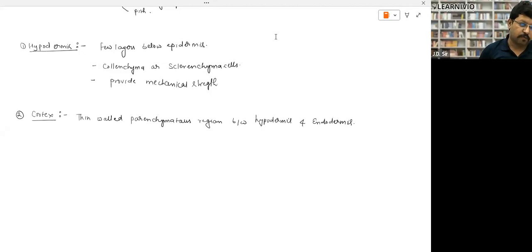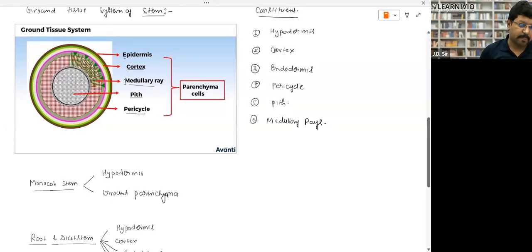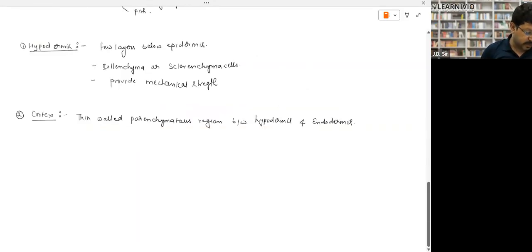Look, this region is called cortex. It is found between the hypodermis and endodermis, and it is made up of parenchymatous cells. Next point. It stores food and some other functions.